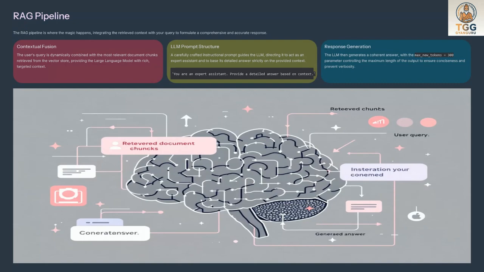These results, or contexts, are then sent to the large language model (LLM). Before sending it to the LLM, we create a prompt that includes both the context and the original query. The prompt instructs the LLM to generate a response based on the provided context. The LLM then produces an accurate and coherent answer.